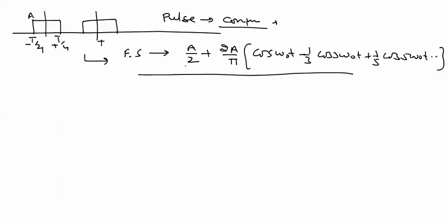And the remaining rectangular pulses are derivatives of this Fourier series. How is it possible? Let's see.